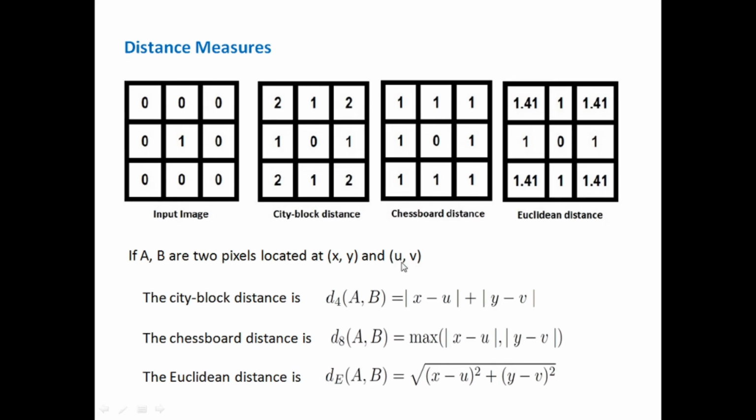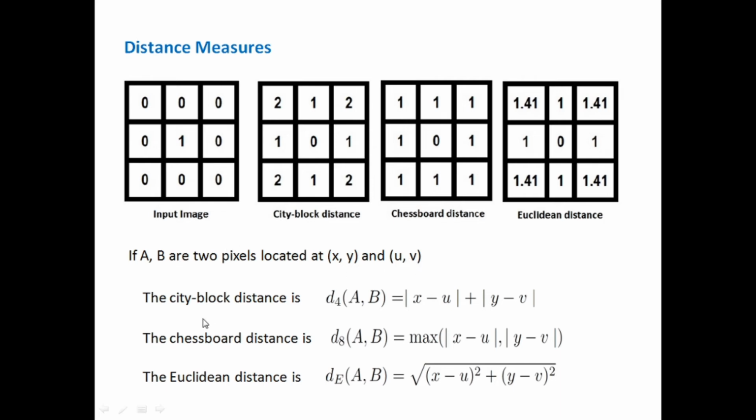So this u comma v may be x plus 1, or x plus 1 comma y minus 1, or somewhere else. That means u is in terms of x and v is in terms of y. So A pixel is located at this location and B pixel is located at this location.